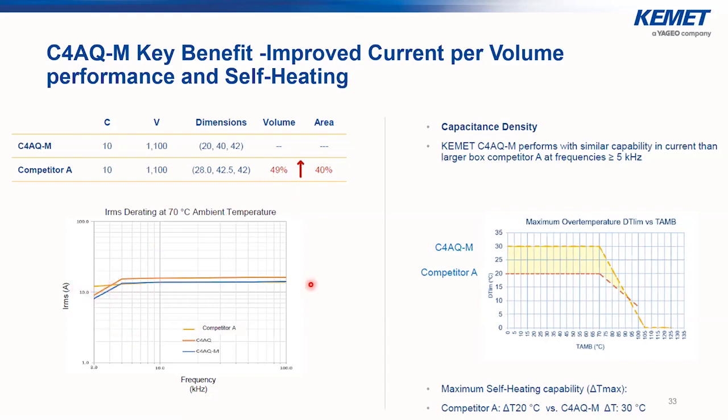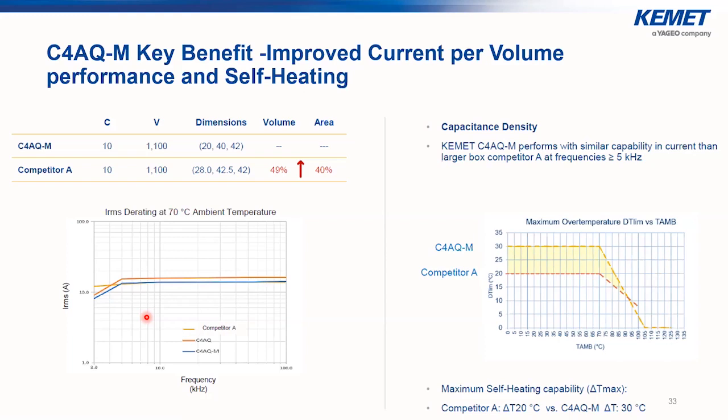This is what we are plotting here, because normally the current and the volume are dependent on each other, since the Rth and the thermal dissipation are related to the mechanical size. So by reducing the mechanical dimensions of the capacitor, we keep the same RMS current.